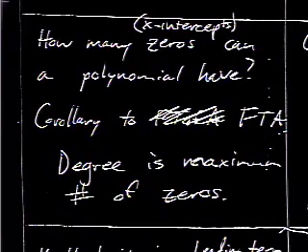So the most zeros you could possibly have is the degree of the polynomial. It does not mean that you will have that many zeros, but it does mean that you could possibly have that many zeros.